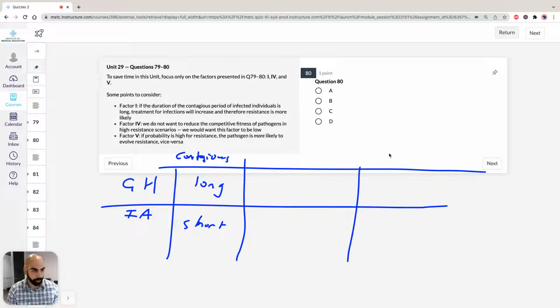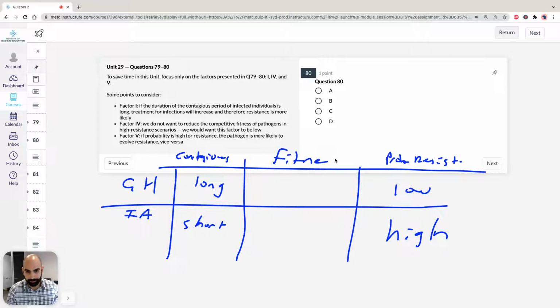We'll come back to this one. Let's say our probability of resistance is going to be low for our genital herpes and high for influenza. So the middle one is obviously the fitness.